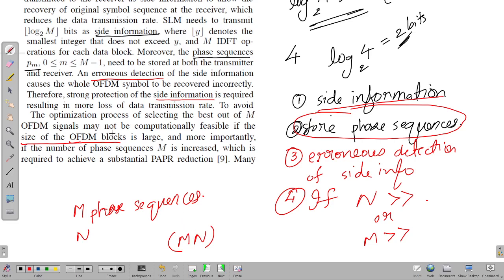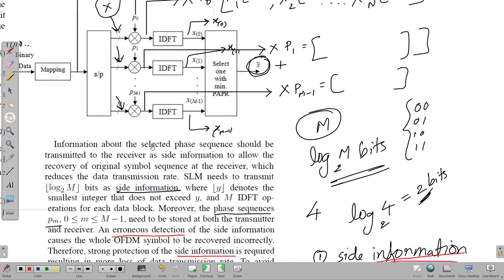So it may not be completely computationally feasible if the size of these blocks is large, because here you have a selection block. The selection block is basically an optimizer. It checks the PAPR of each of these signals, and then selects the one with the minimum PAPR.